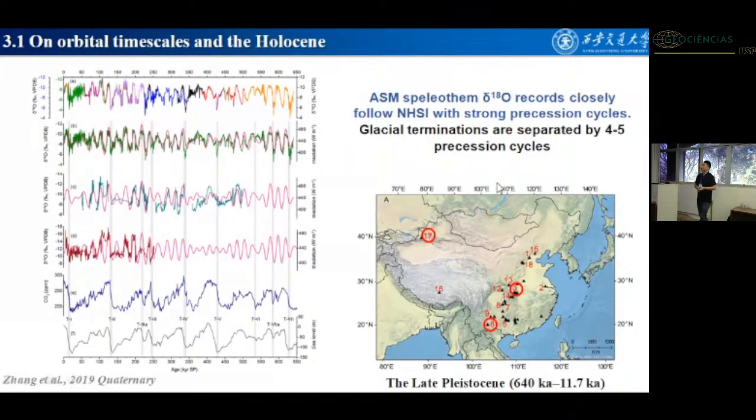First is the orbital time scale. As we see, these Asian summer monsoon speleothem delta 18O records closely follow Northern Hemisphere summer insolation with strong precession cycles, and the glacial terminations are separated by 4 to 5 precession cycles.